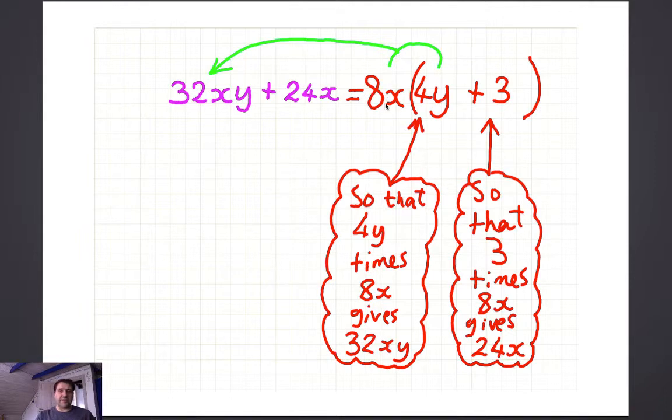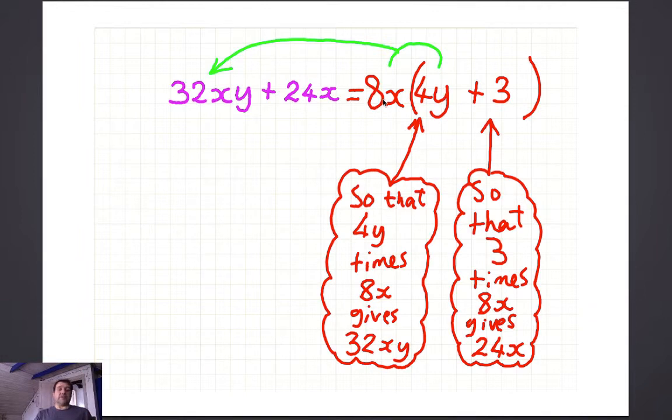Okay, so 8x outside the brackets, what do I need inside the brackets so that I get 32xy? Well, I'm going to need a 4 there to give me the 32, but also I need a y there, so I'm going to have to multiply 8x by 4y in order to get 32xy.